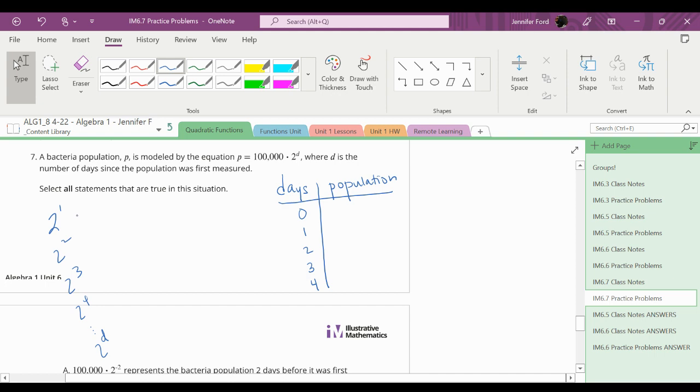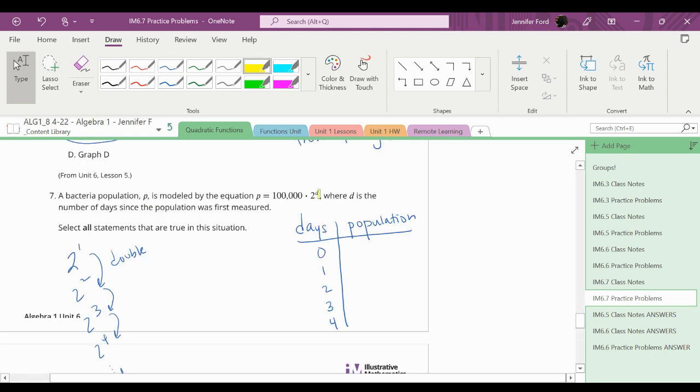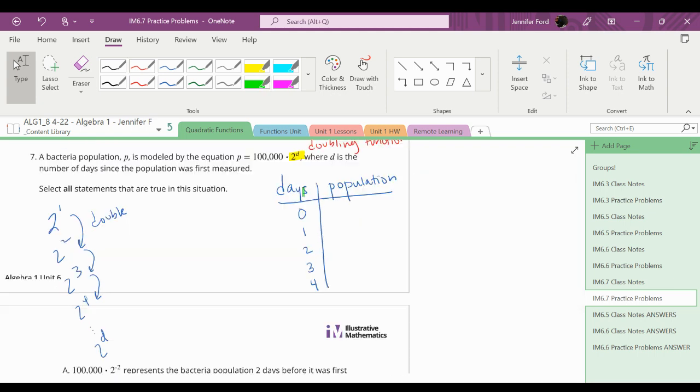Every time you're doubling it because you multiply times 2. I think of this part as the doubling function, and this part is how much I start with.